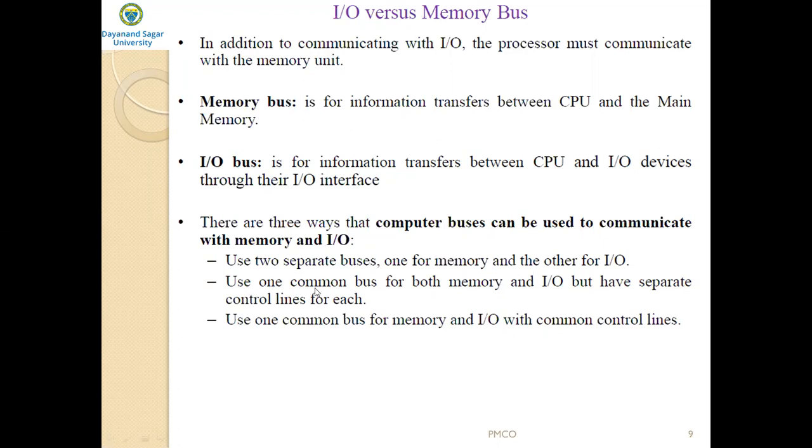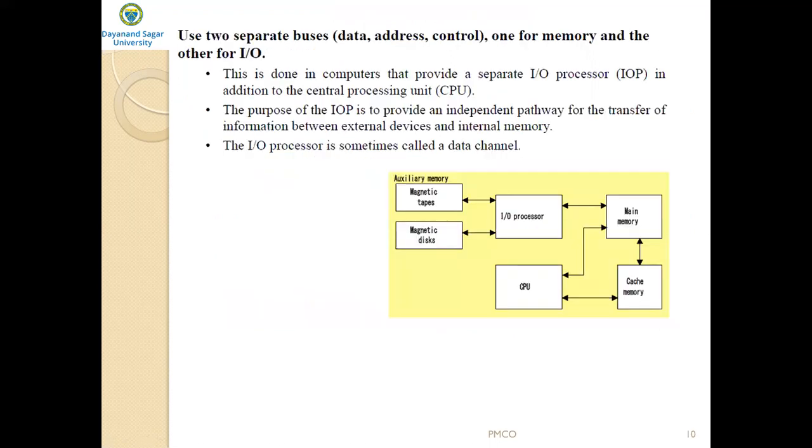Another way is to use one common bus for both memory and I/O, but have separate control lines for each. And another way is to use one common bus for memory and I/O with common control lines. So this is the third way.